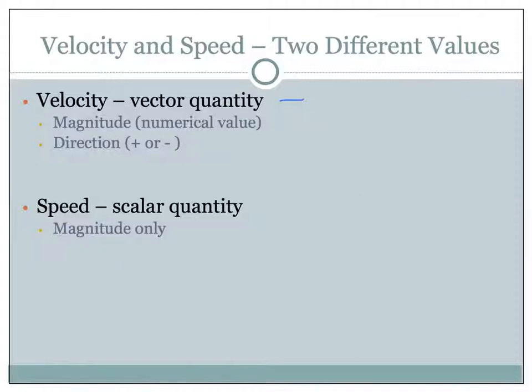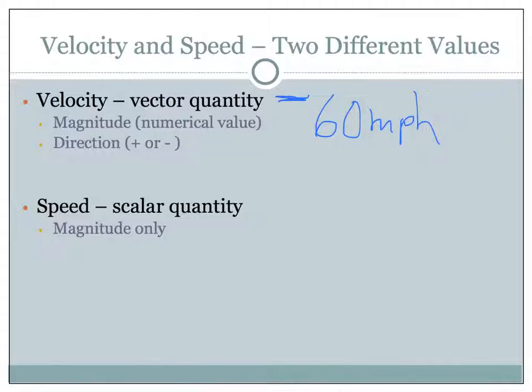For example, if I'm driving 60 miles per hour, there's my magnitude. And then I would need a direction. Now, that little dash here looks like a negative sign, so let's just go ahead and make it negative. So if that's negative 60 miles per hour, that means I was either driving to the left or west or south at 60 miles per hour.